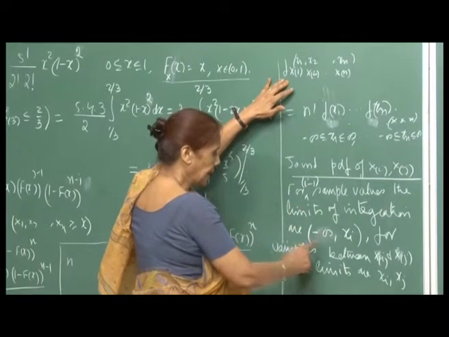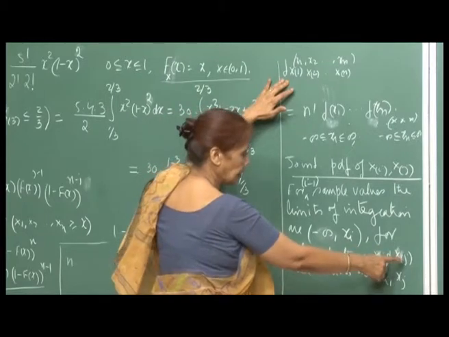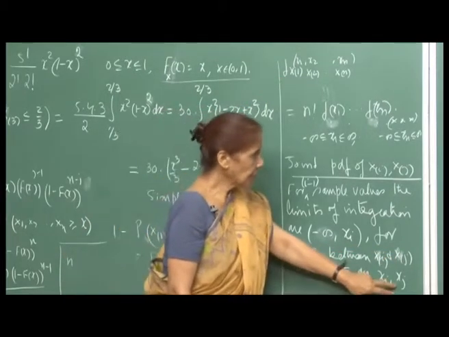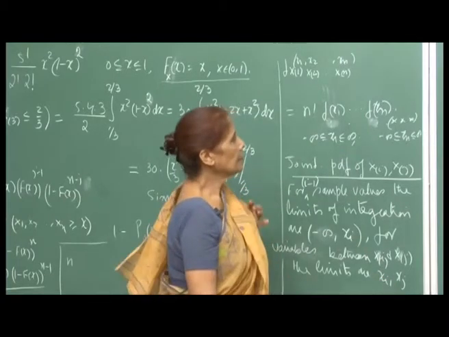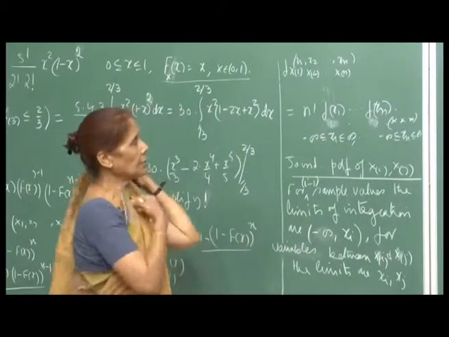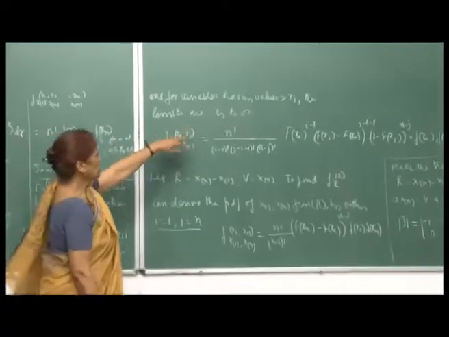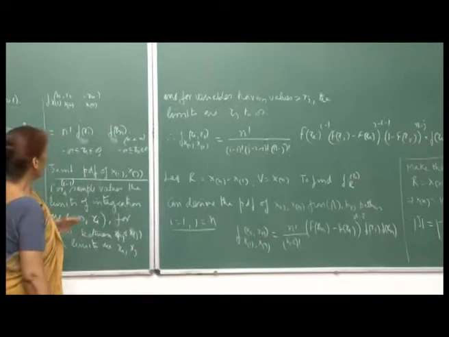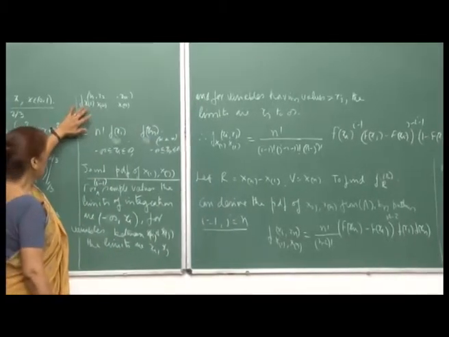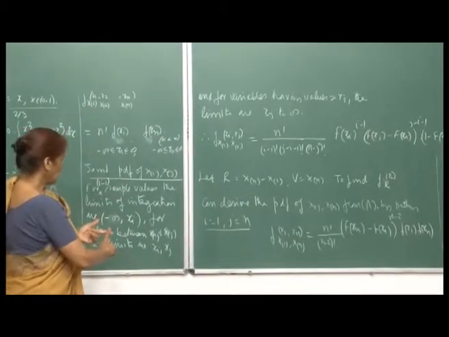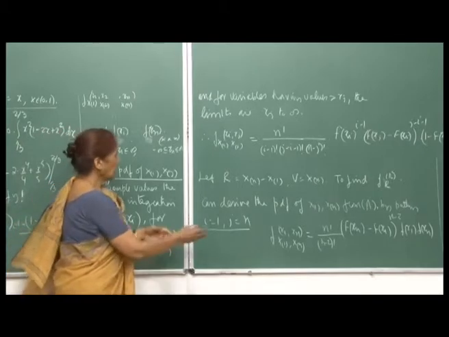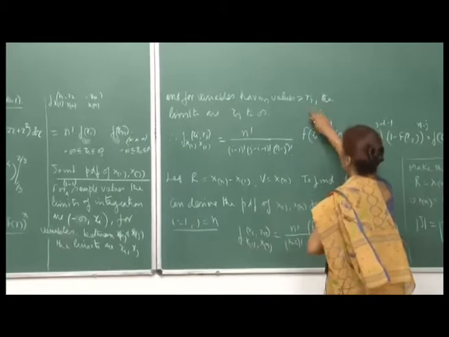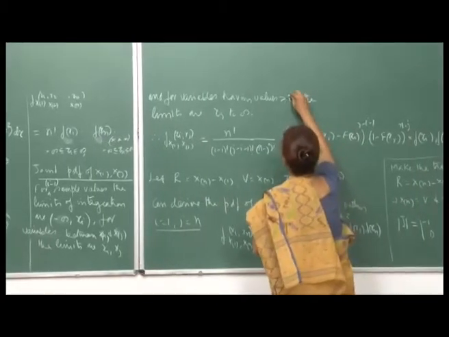For variables between x i and x j, the limits are x i to x j, right. And for variables having values greater than x j, the limits are from x j to infinity, right. So, I will be integrating for i minus 1 variables, then for variables between x i and x j, and then for all the variables having values greater than x j. Let me write it this way, okay.